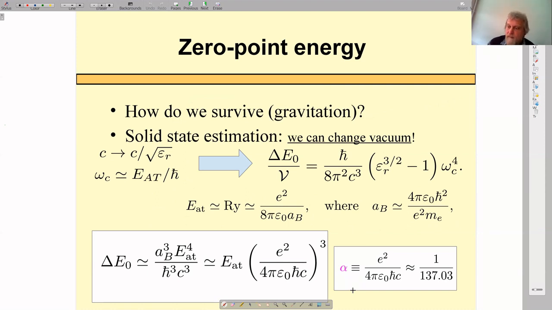The problem, and despite the fact that physics has many advances, this problem is not yet solved. The problem is, how do we survive in the presence of zero-point energy? Why is it so? According to general relativity, any energy is a mass, and each mass produces a gravitational field.